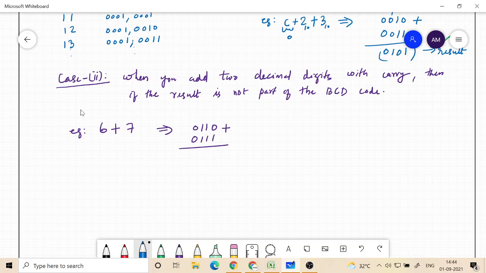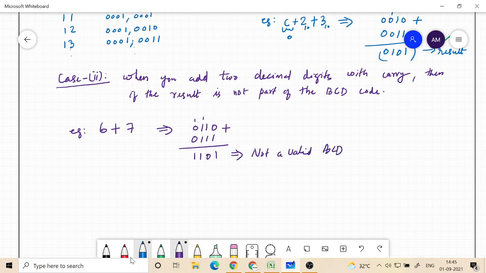But instead, what are we going to get? We will get 1101, and then carry 0. This is what we are going to get. But this is not valid. This is not a valid BCD.